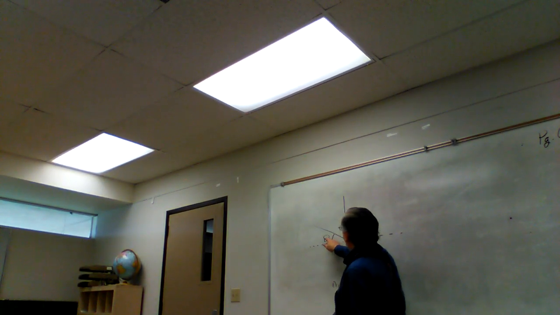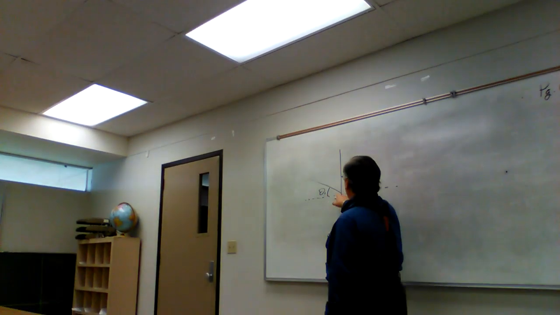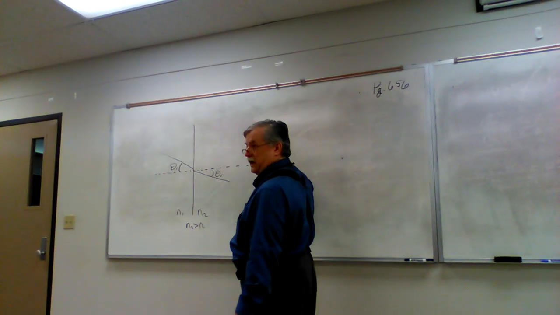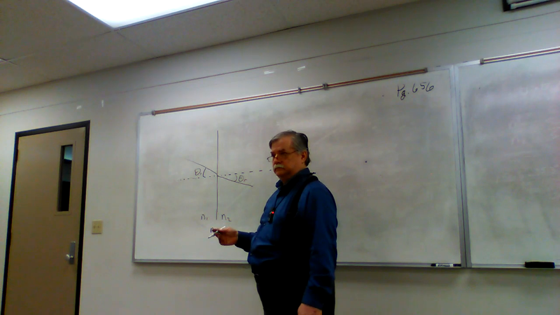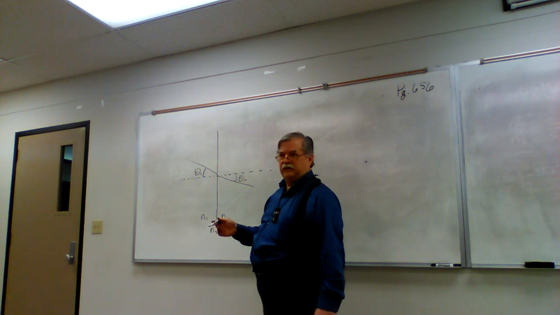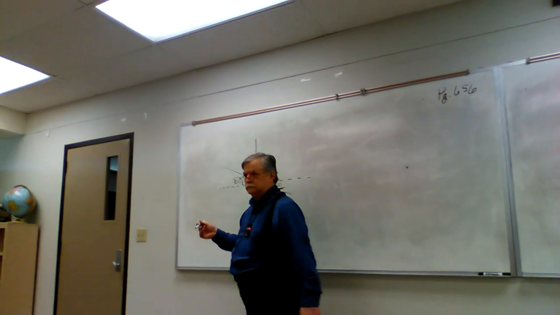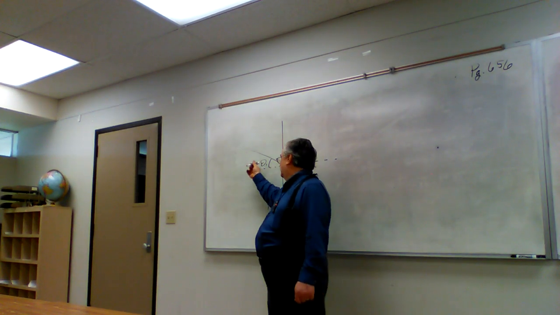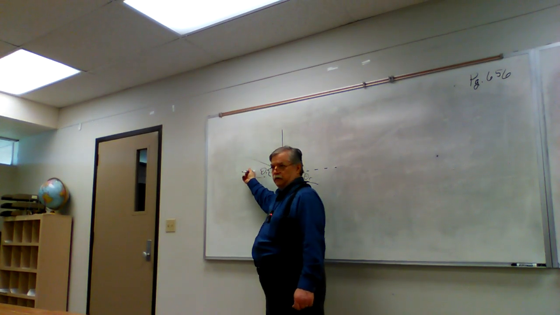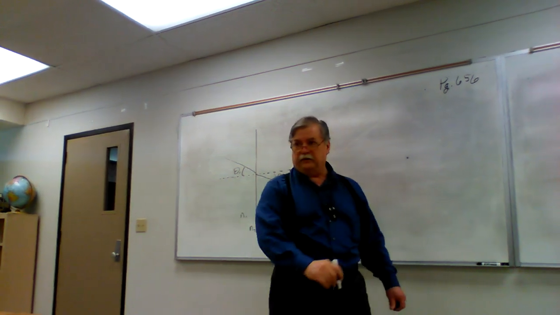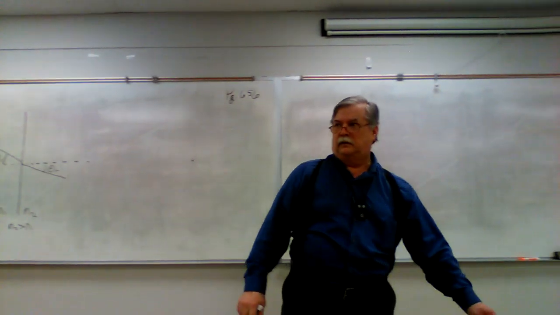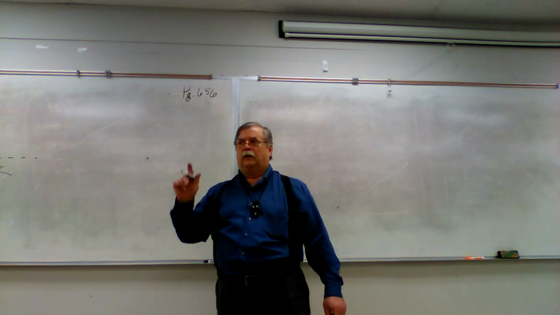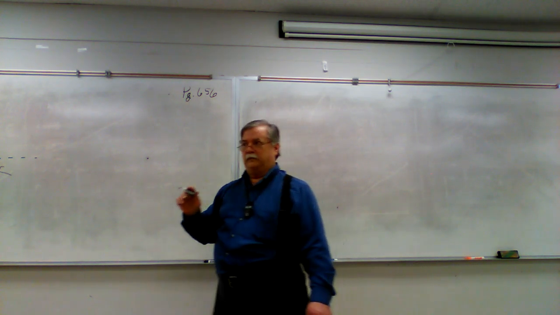Now, of course, if you get theta sub 1 all the way down to horizontal, then the light is going to pass right straight through. Why? Why is it going to be unbent? What's the angle when it's perfectly perpendicular to the surface? Zero. Remember, it's important.